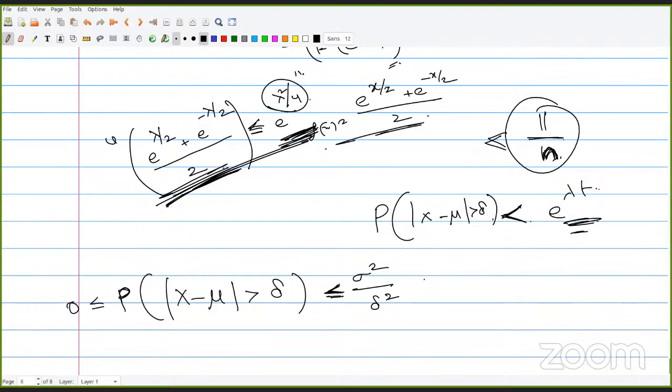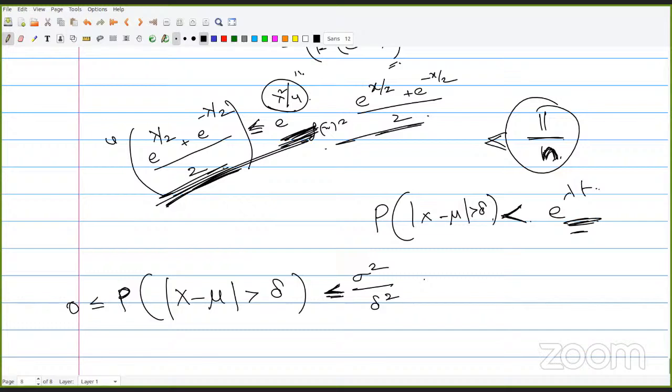See, why we study IIDs is that independent and identically distributed random variables have a few properties, and using those properties, we can derive some results.